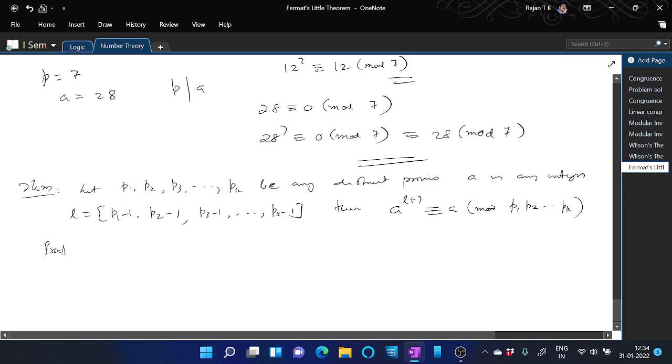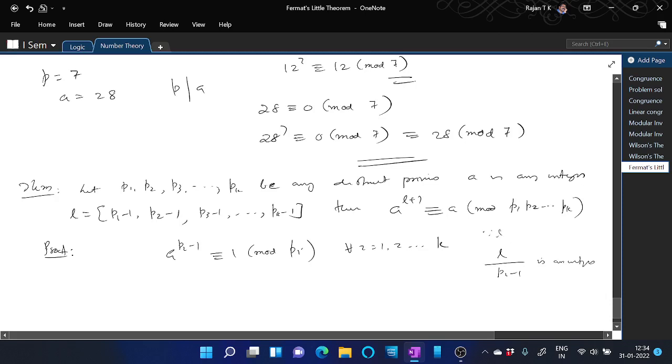Proof is simple. We have by Fermat's theorem A raised to Pi minus 1 is congruent to 1 mod Pi for all i equal to 1 to k. Since L is the LCM of Pi minus 1 for i equal to 1 to k, every Pi minus 1 divides L. Therefore, L is a multiple of Pi minus 1 and L divided by Pi minus 1 is an integer.